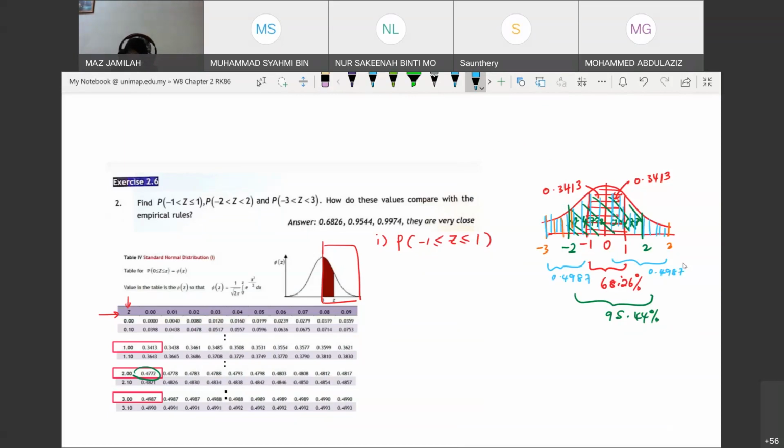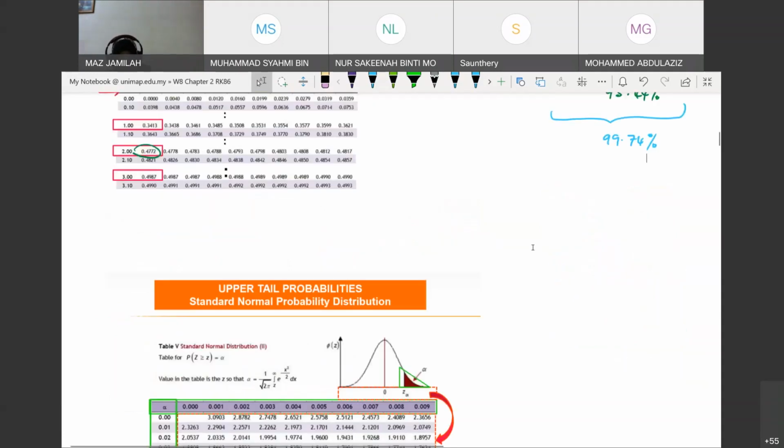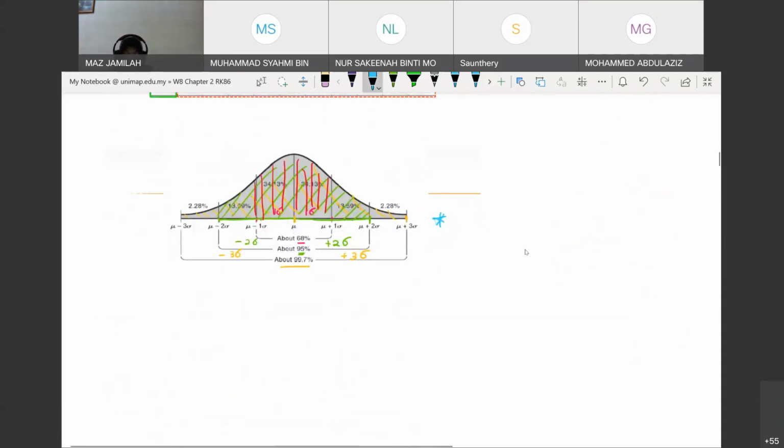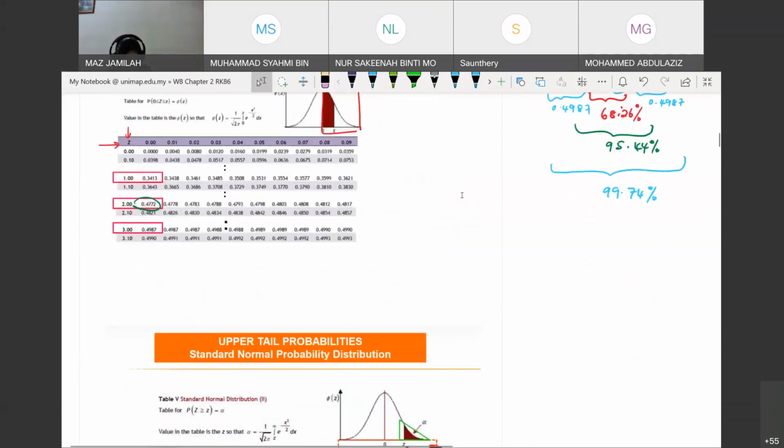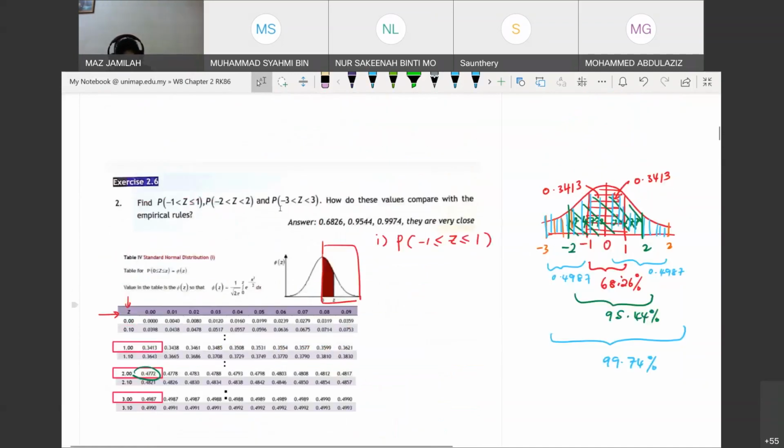So for 3 standard deviations, you will get 99.74%. This proves that in terms of the standard normal probability distribution, negative 1 to 1, negative 2 to 2, negative 3 to 3 follow exactly the empirical rule that we talked about earlier. That will be the last exercise for 2.6, number 2.